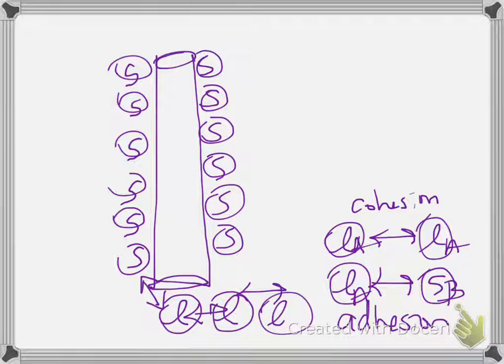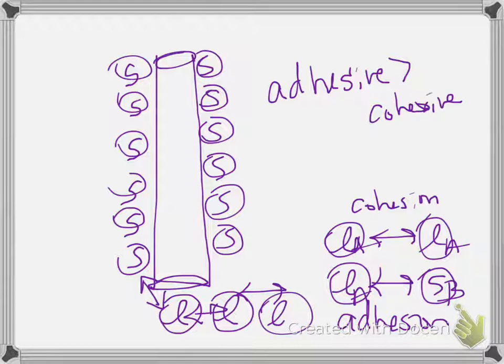When capillary action occurs, the adhesive forces are stronger than the cohesive forces between the different particles. Meaning, adhesion wins. The force of attraction here between the liquid in the solid phase of the glass tube is a stronger force of attraction than the liquid to itself.